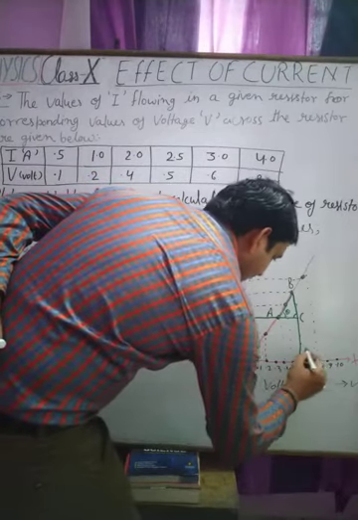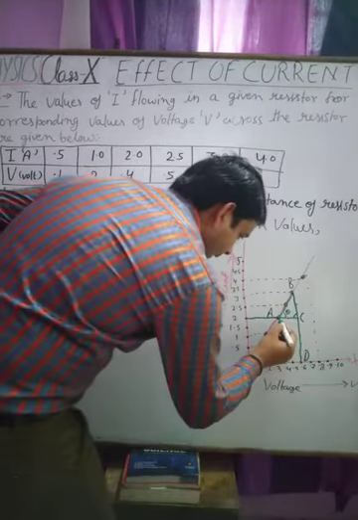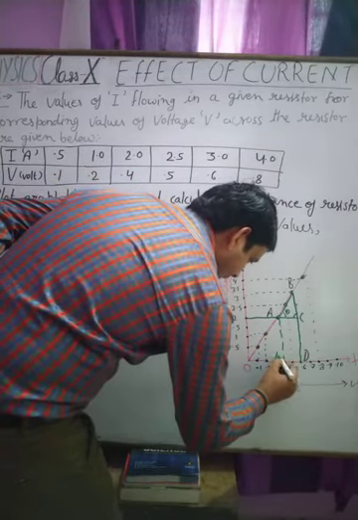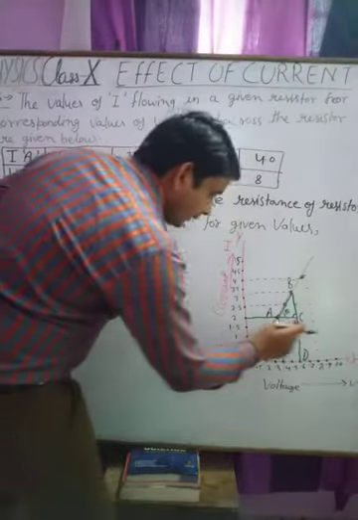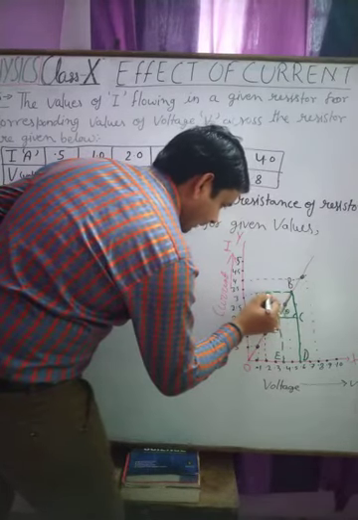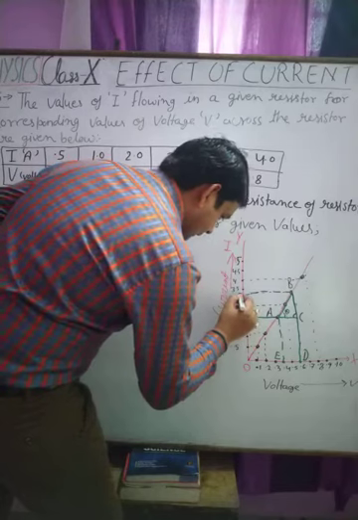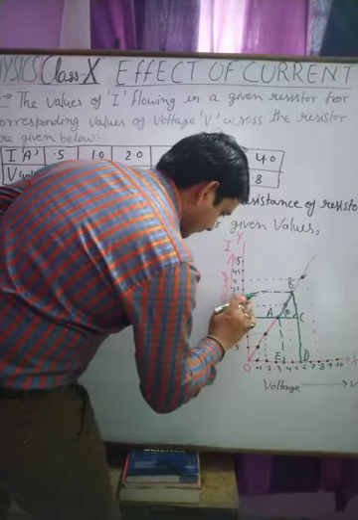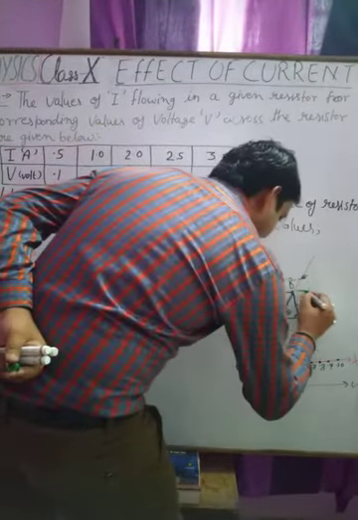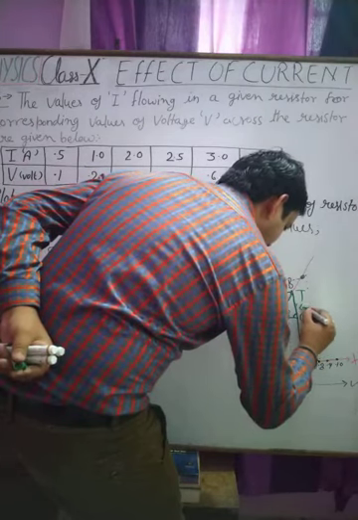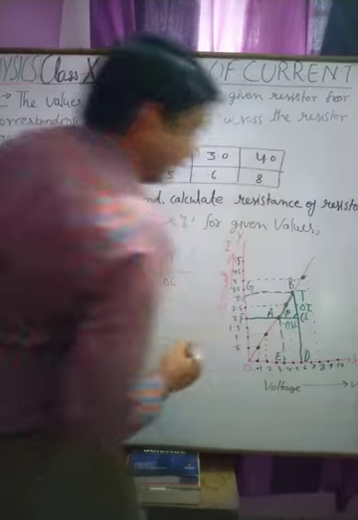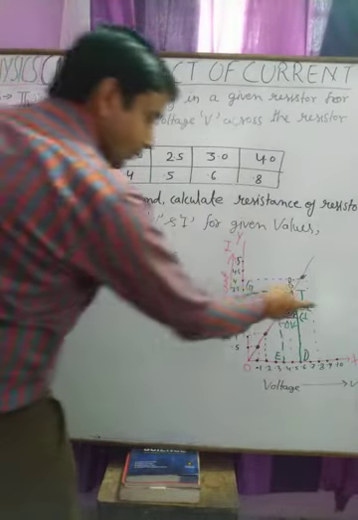This is point D. When we drop the perpendicular here, we get the point E. This is point F, and when we drop a perpendicular from point B to the vertical line, it is point G. Okay student, now we need this small value of current del I, and this is the value of del V. For calculating this, we are using the graph.